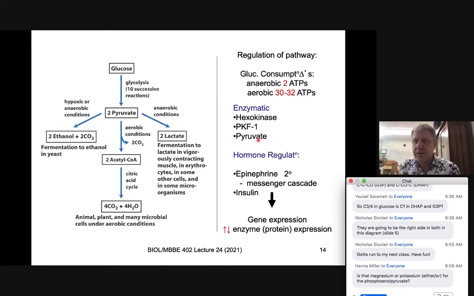Now, the interesting thing is we also have the issue of our transportation and our regulation from the hormonal regulation of the GPCRs in regards to insulin to increase gene expression. We've all seen how that insulin system works, how epinephrine or noradrenaline gives that capacity to increase the movement of glucose into the cell by increasing the transporters and also promoting the enzymes that are going to handle the amount of glucose coming in.